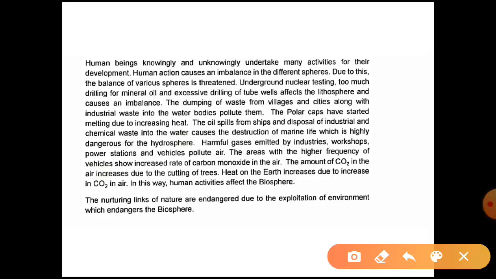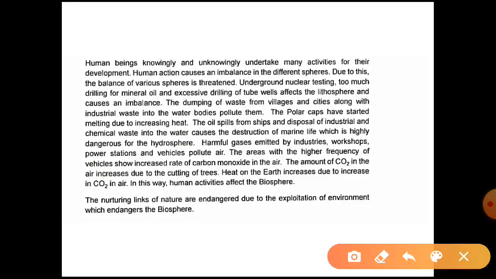The oil spills from ships and disposal of industrial and chemical waste into the water cause the destruction of marine life, which is highly dangerous for the hydrosphere. Which means oil spilling from ships.